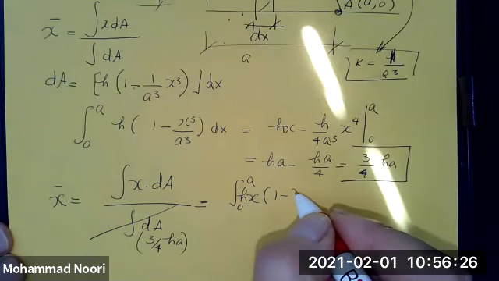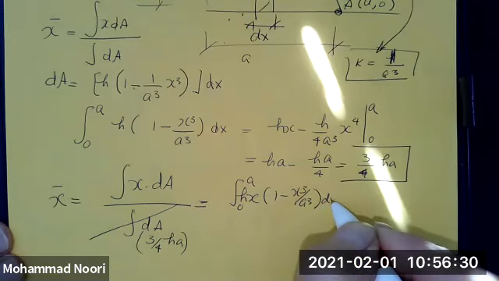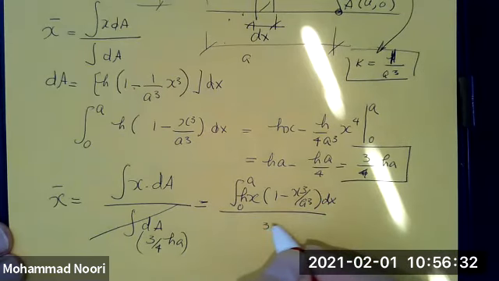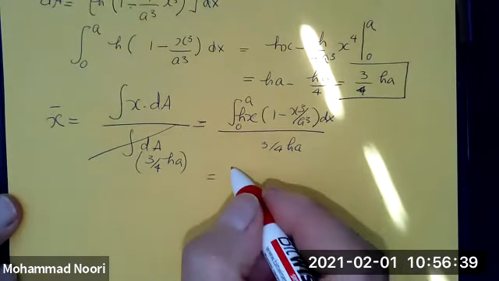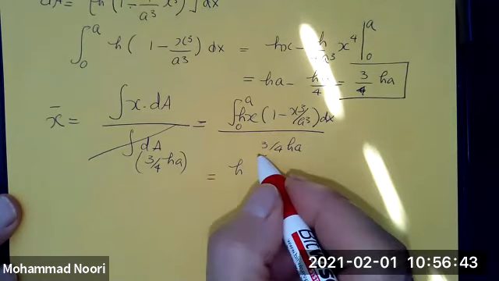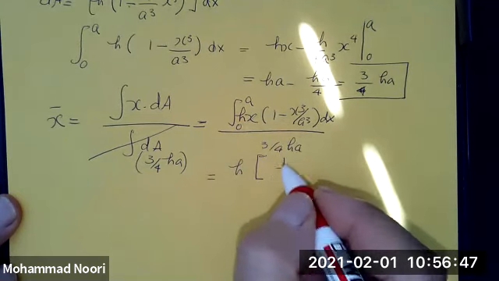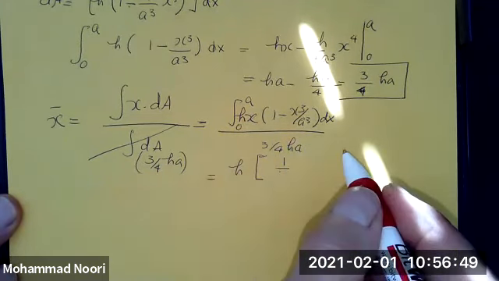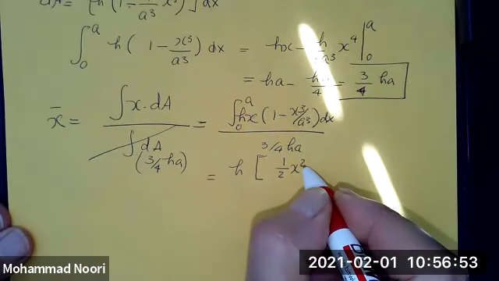That's 1 minus x cubed over a cubed dx, divided by 3/4 h a. So I take h out, and the integral of x is 1/2 x squared.